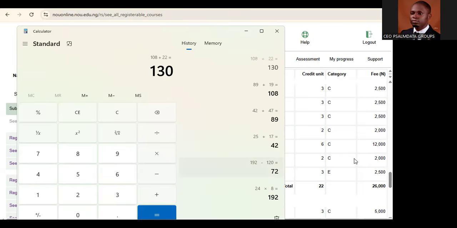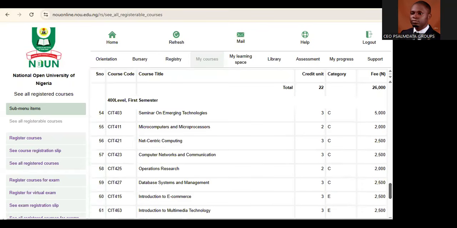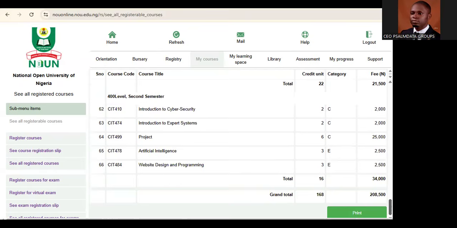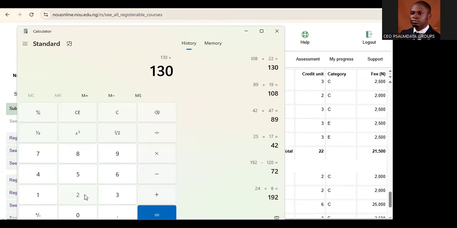You can see that even in my 300 level, I have gotten to the minimum credits required for me to graduate, but that doesn't mean I will graduate in 300 level. Fine. Now, let's continue. In my 400 level first semester, I have 22 units, and second semester, I have 16 units. So this is what I'm going to do, plus 22 units plus 16 units.